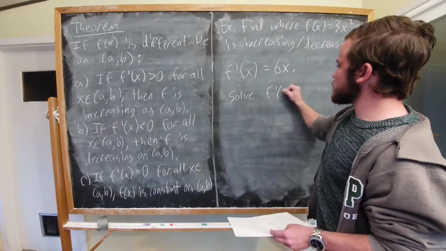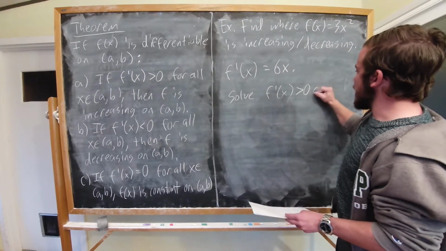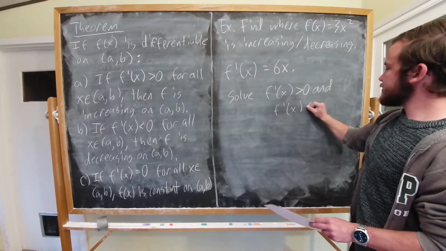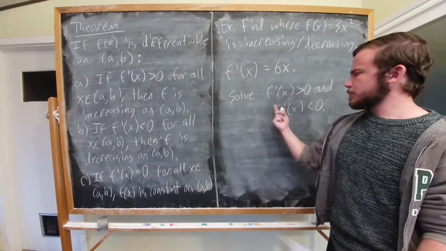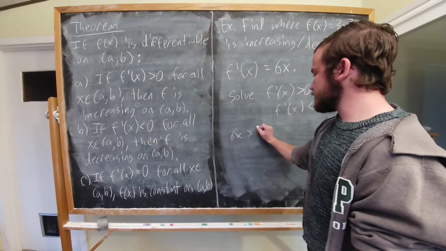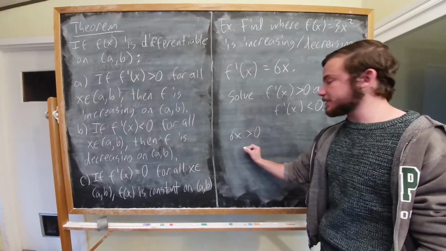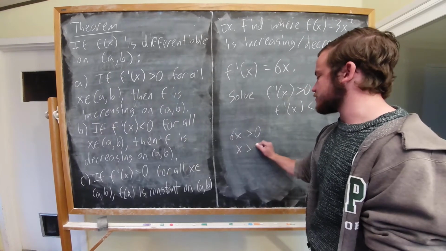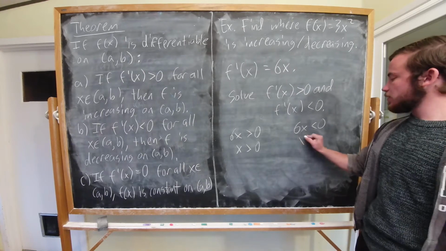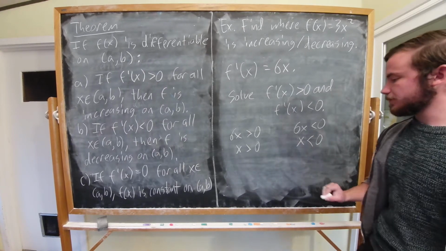Okay, so that's our f prime of x, and now we need to solve f prime of x greater than 0 and f prime of x less than 0. Okay, easy enough to solve. 6x greater than 0, divide both sides by 6. That tells us that x is greater than 0. 6x less than 0, again, tells us that x is less than 0.